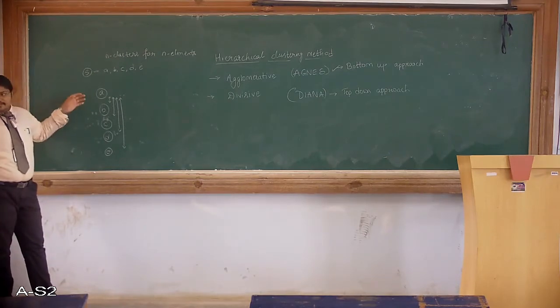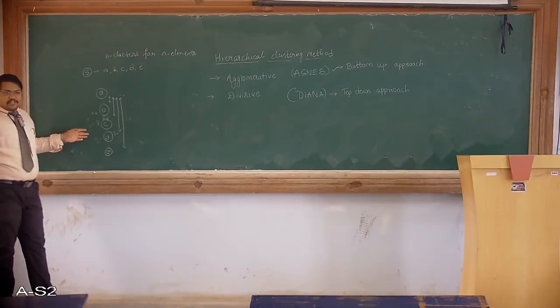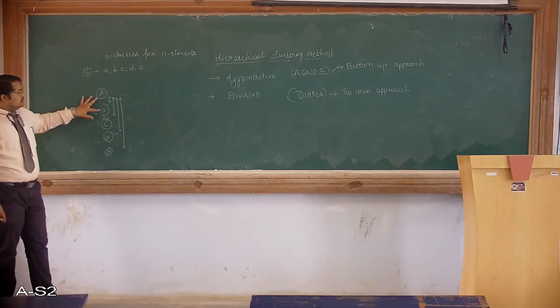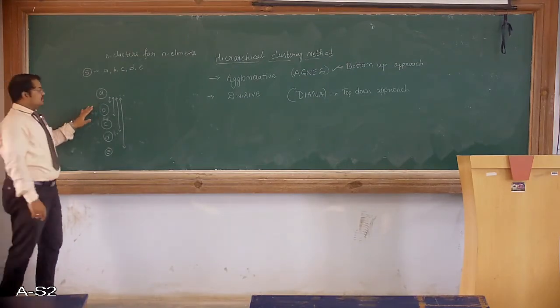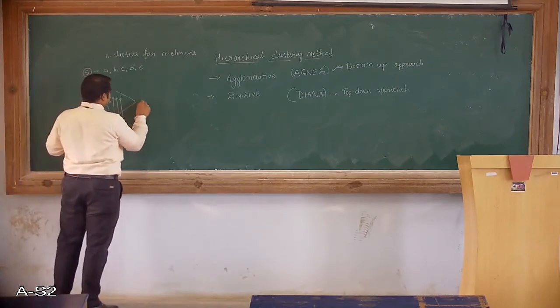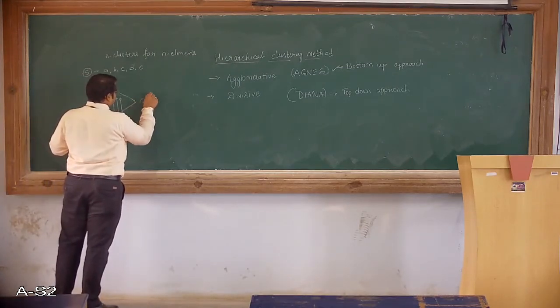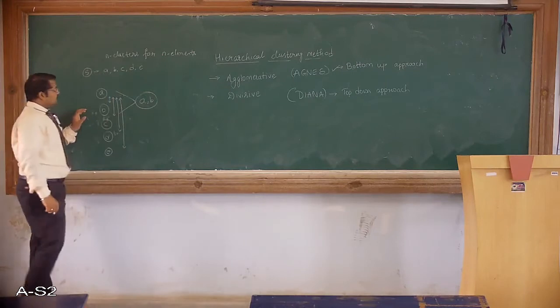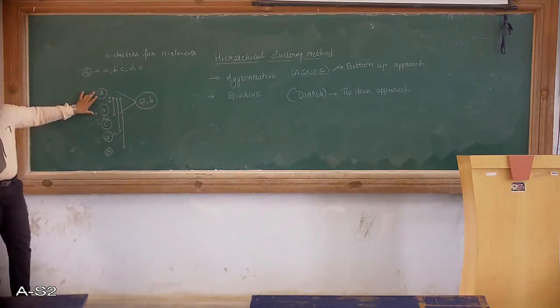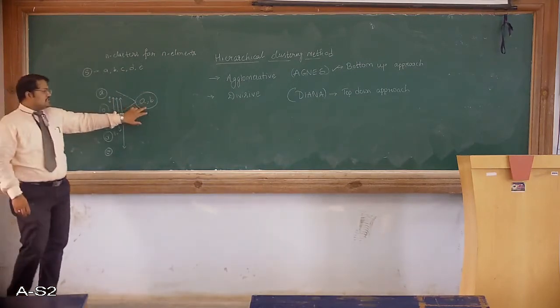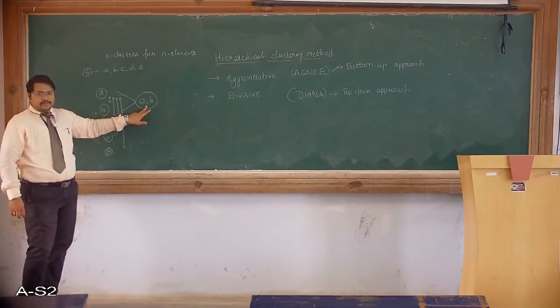Suppose 5 clusters are here, A, B, C, D and E. If A and B have the smaller distance, then these two will be merged and created as a single cluster. Now these two clusters have been merged into a single cluster called A, B. Now we check the distance again.